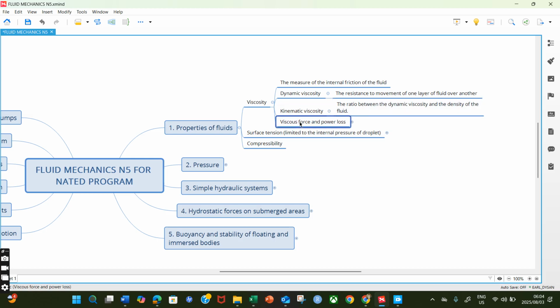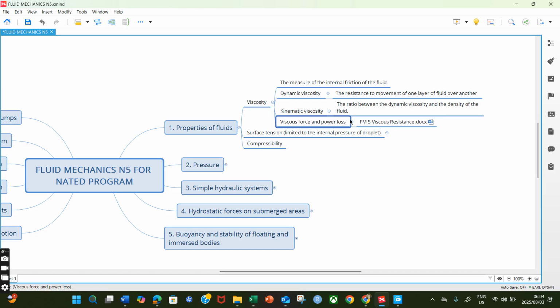Let's go to the calculations of the viscous force and the power loss due to the viscous force. In as much as lubrication or lubricants are needed to reduce power loss in machines, it also costs a small amount of power loss.